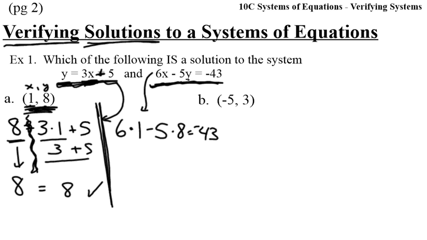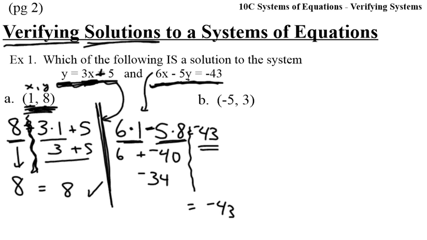Again, we want to solve the left side and right side separately. We don't have to do any solving on the right side. It's negative 43. If I do order of operations on the left side, though, to see what it equals, multiplications first. 6, subtract 40. 6 and a negative 40 is negative 34.